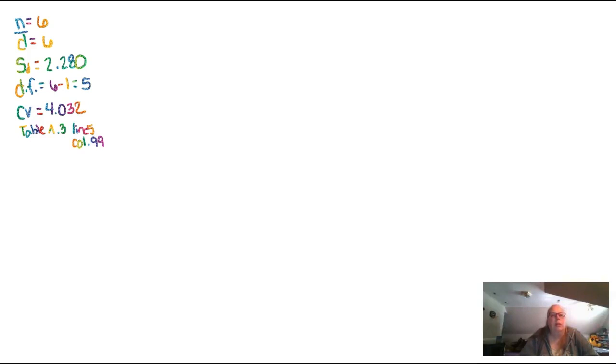Okay, let's see, the standard error. We said this was going to be the standard deviation, 2.280, divided by the square root of n. All right, and in my calculator, this is giving me 0.931.